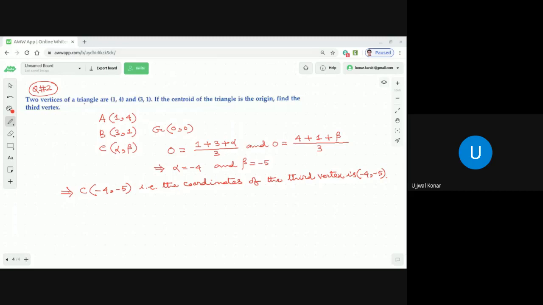So the next question we are going to solve is also a very interesting question, and you will see how well we can apply the concept of the midpoint to solve this particular question. It is a very good question.